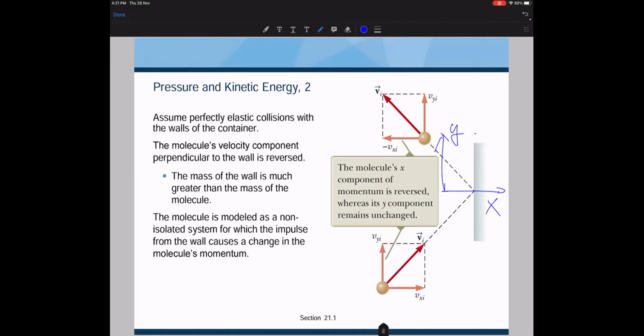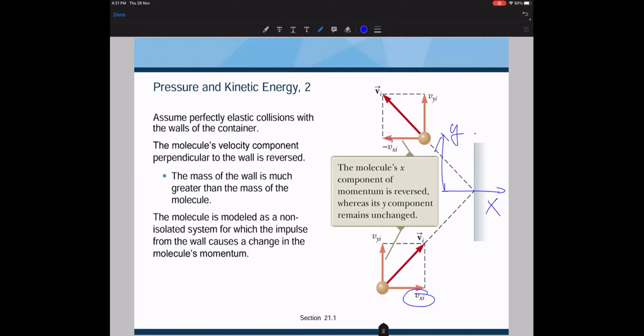On the other hand, the wall would be providing an action force to push the particle back in the negative x direction. Originally, the particle moves along the x-axis with Vxi.